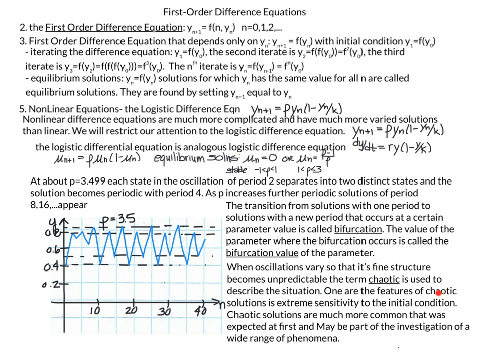Again, the solutions are extremely sensitive to the initial condition. If you want to replicate experiments or predict things based on past experiments, you basically have to have the exact same conditions, because having close conditions is not good enough in a chaotic system.